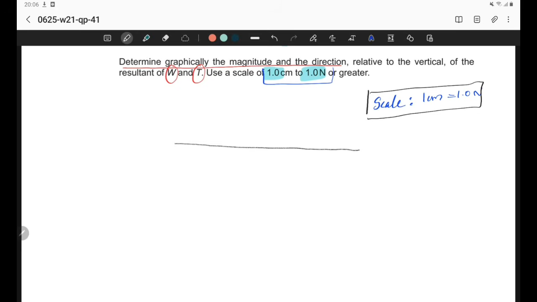That is very important. The length should be 8.1 centimeter. That represents 8.1 Newton, which is the tension, because our scale is 1 centimeter representing 1 Newton.